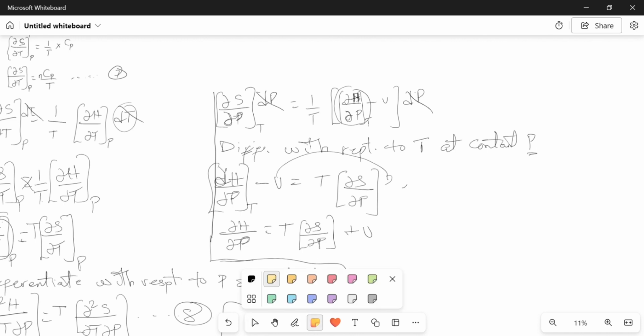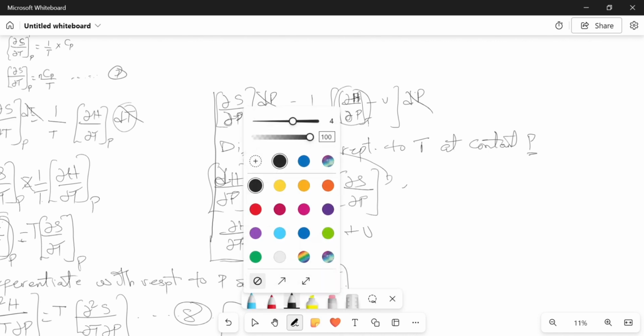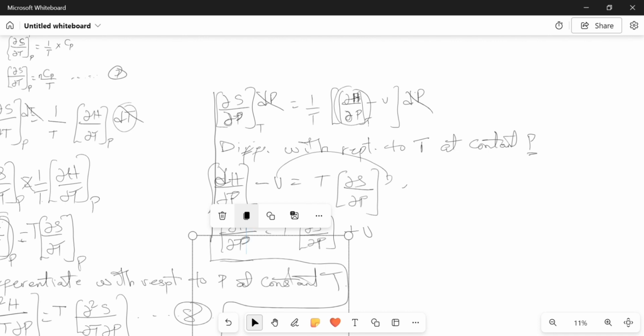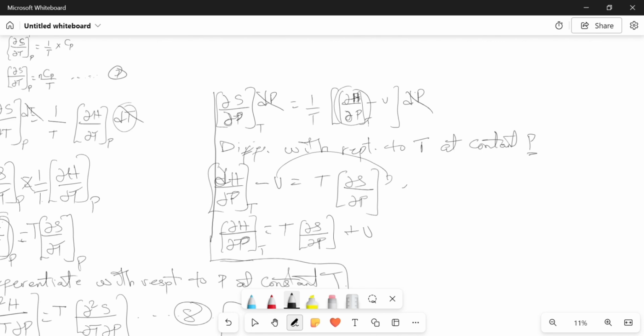Don't forget this is at constant temperature. So this is at constant temperature.